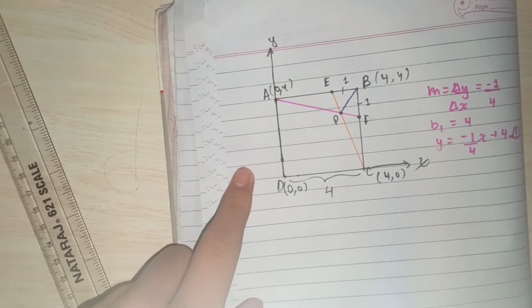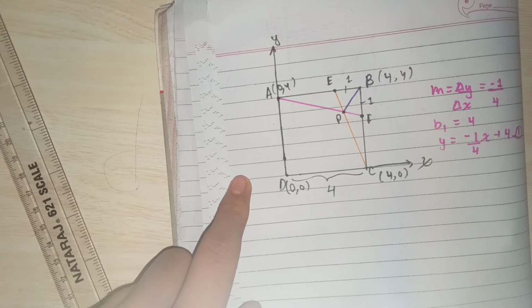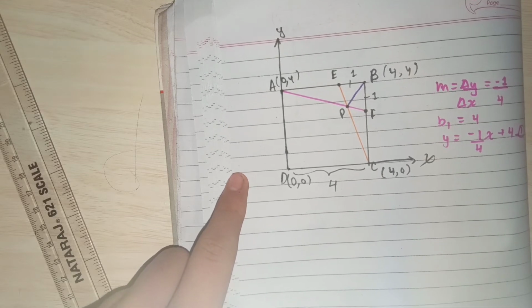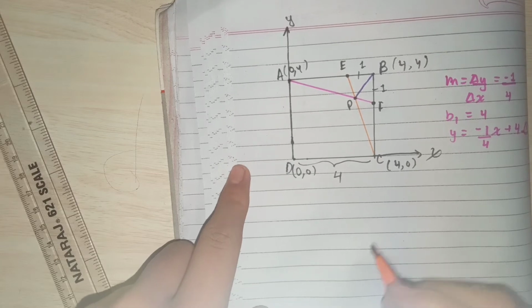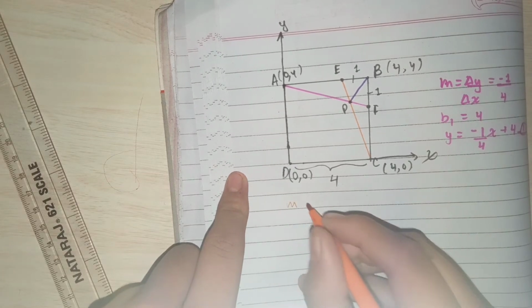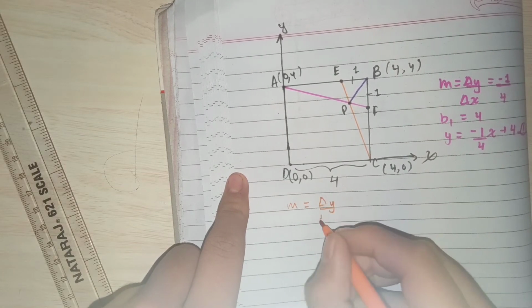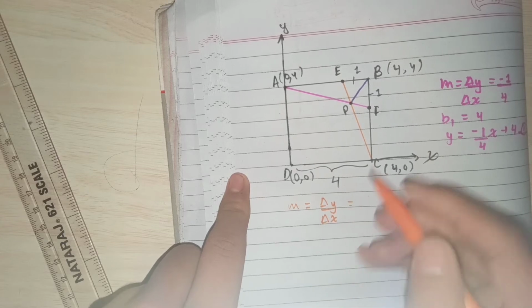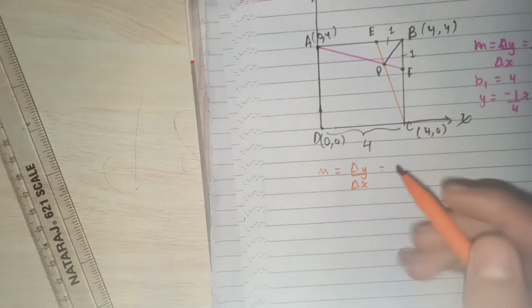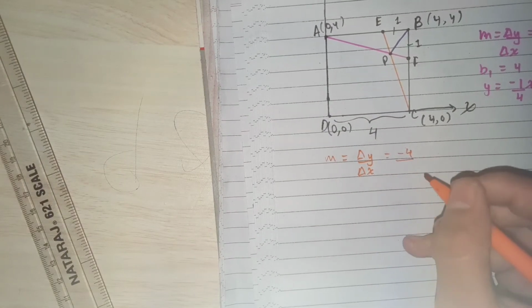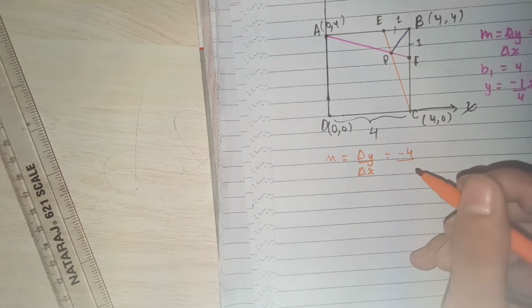Alright, so now let's proceed to find the equation of this orange line CE. For the orange line, what's my slope? That's change in y over change in x. How much does my y change? Well, I move down from E to C by 4, so change in y is -4. And how much do I change in x?